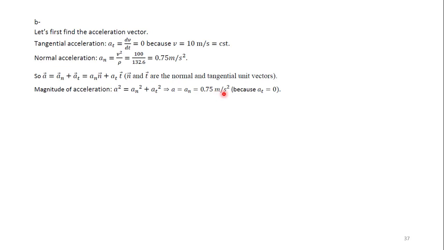Now we have to find the direction of an. If we draw a figure showing the direction of the normal acceleration, we can start calculating the angle between the x-axis and the normal acceleration.